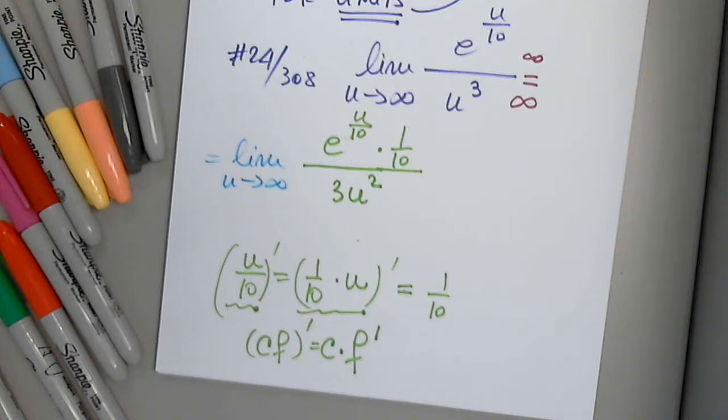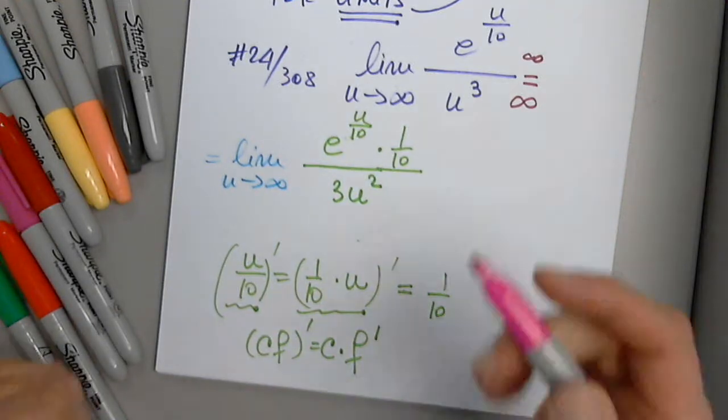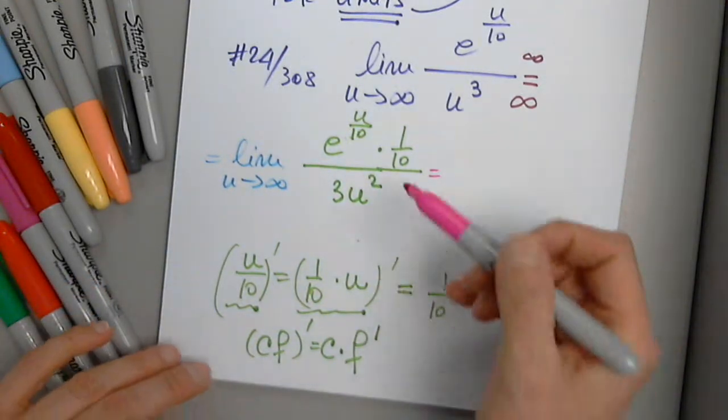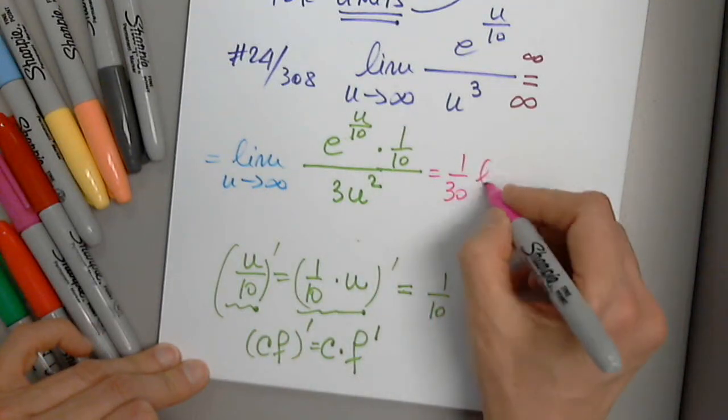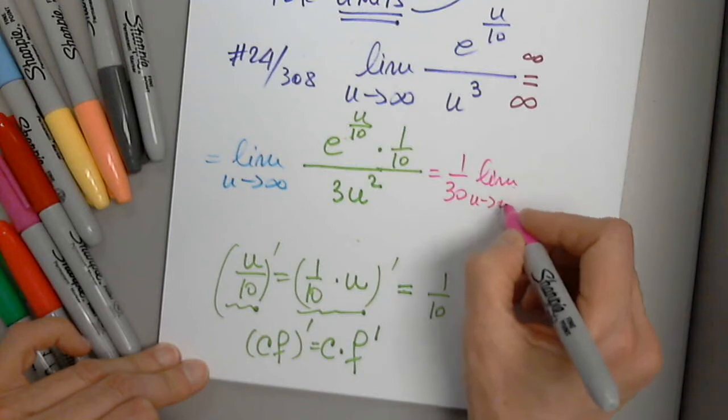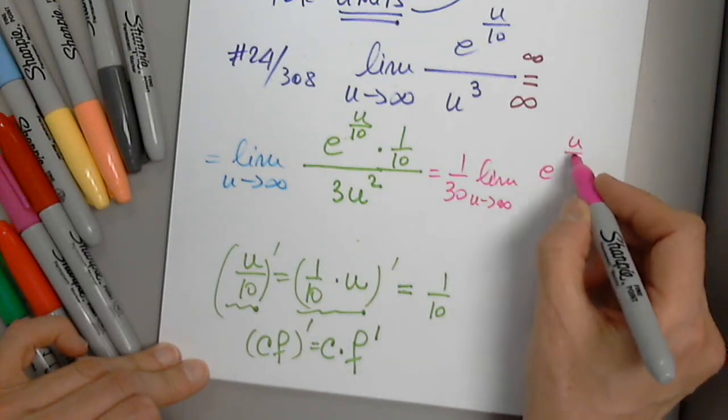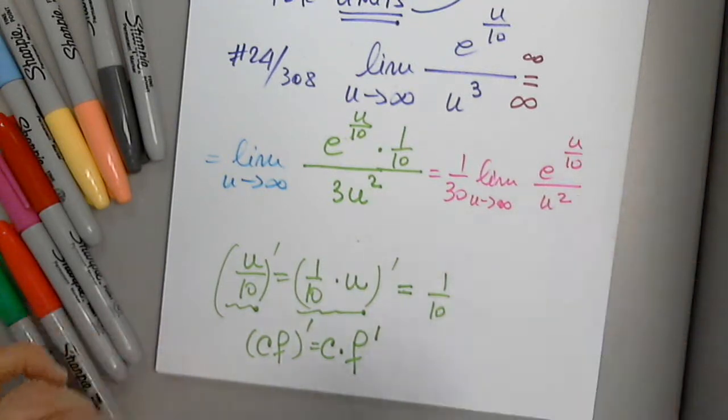It's the only case in which we can do that. Good. So now I'll take 1 over 10 over 3 outside, 1 over 30. I don't want it out there, in there. It bothers me. So e to u over 10 over u squared.